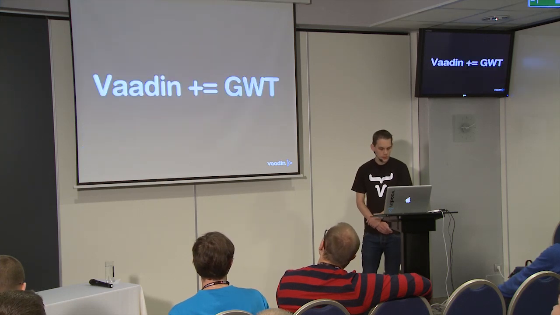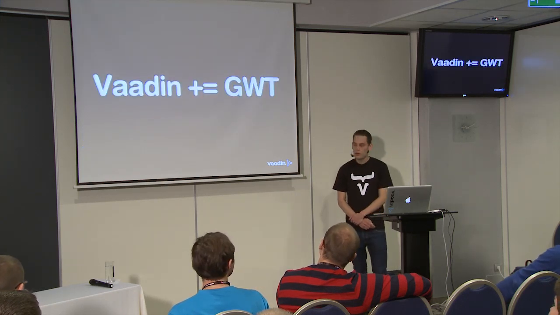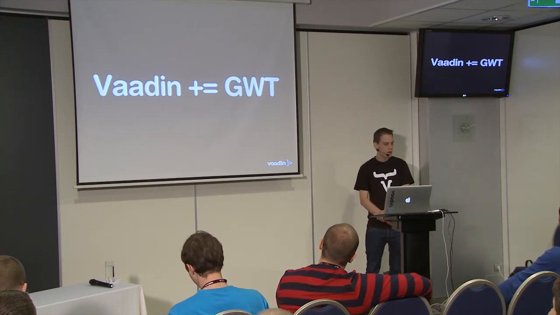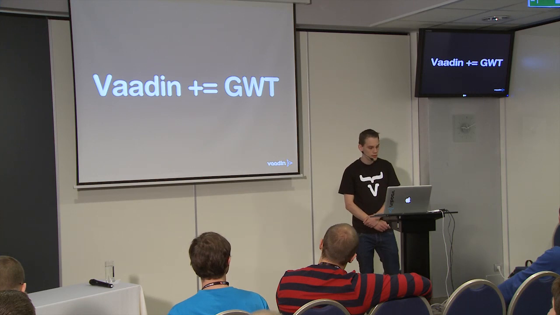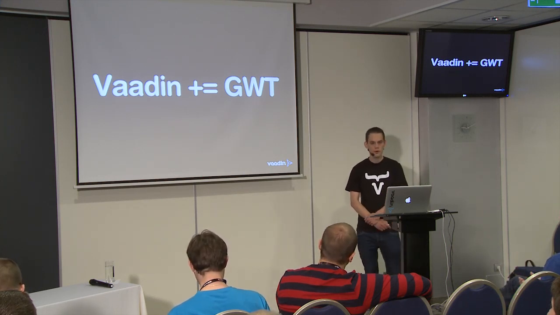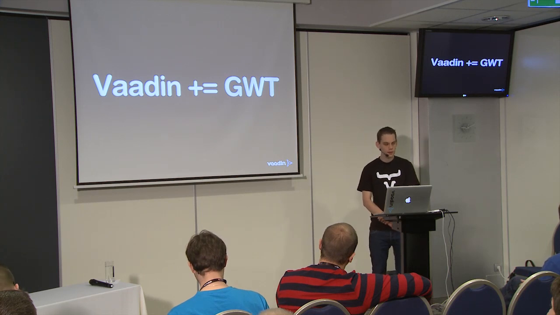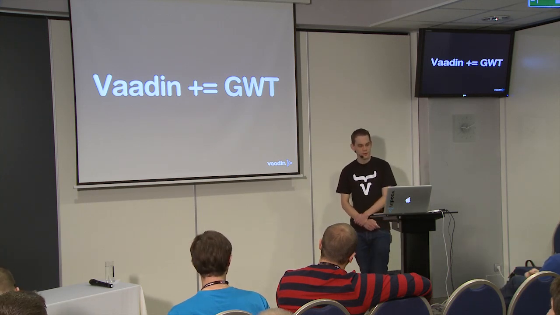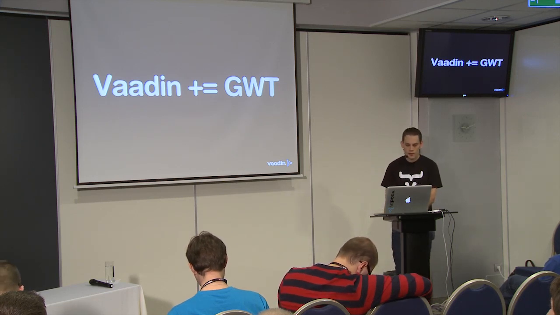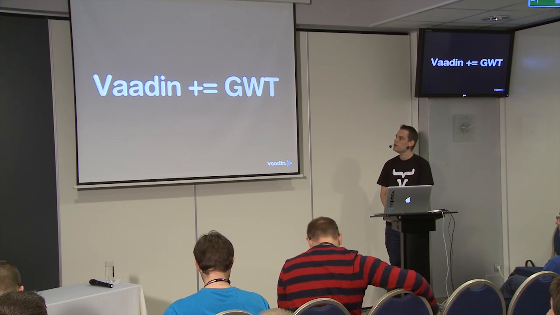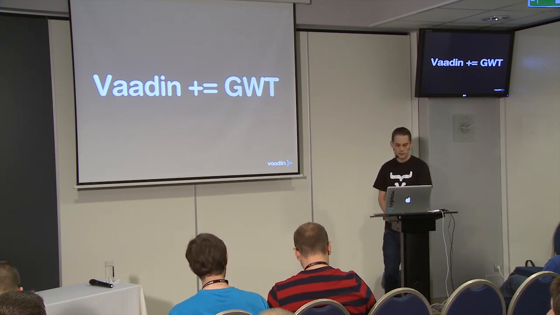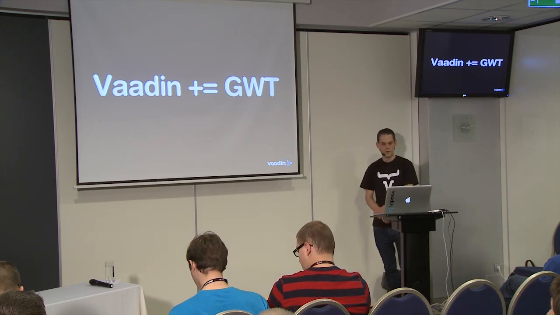Vaadin 6 is the current stable version of Vaadin, but Vaadin 7 is the next major version, and it's currently in beta phase. I think beta 6 is the newest version of Vaadin 7, and Vaadin 7 will include GWT as part of the Vaadin framework.